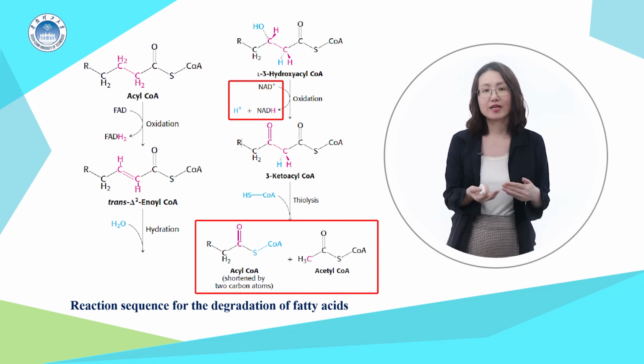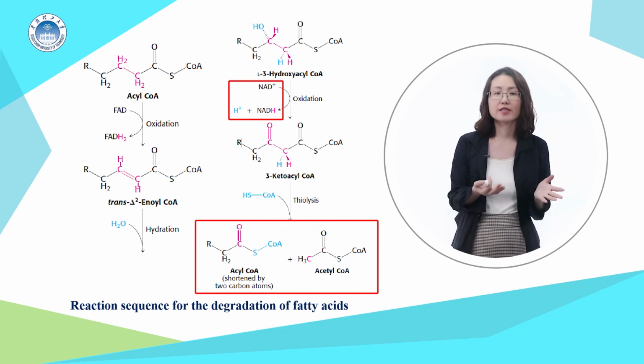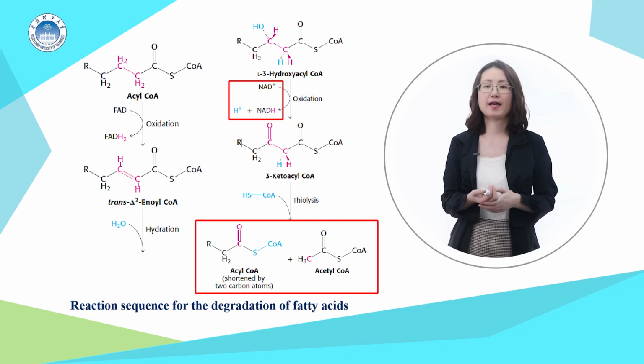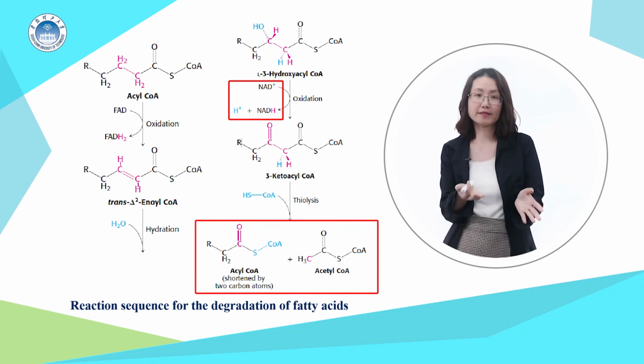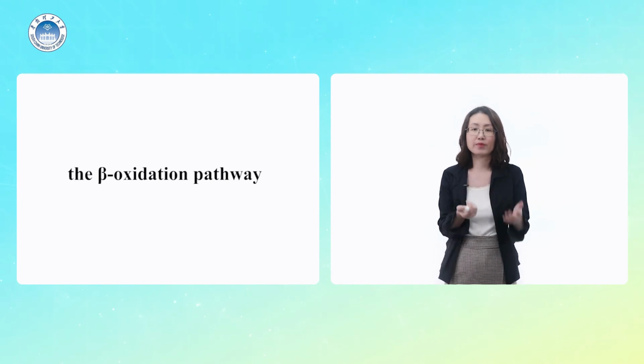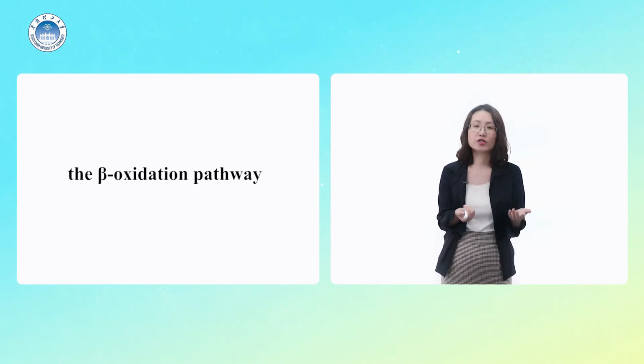As a result of these reactions, FADH2, NADH, and acetyl-CoA are generated. Because oxidation takes place at the beta carbon atom, this series of reactions is called the beta oxidation pathway.